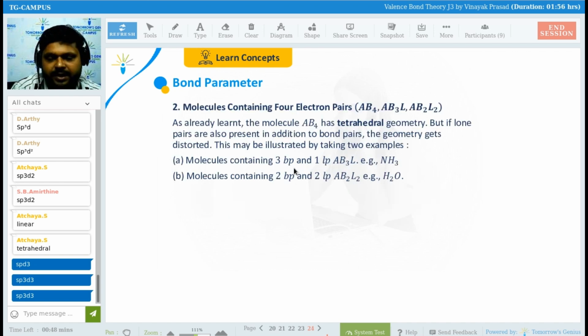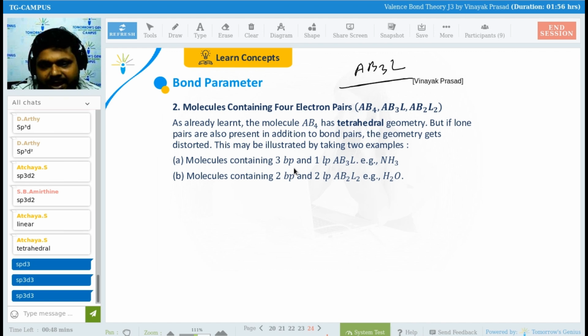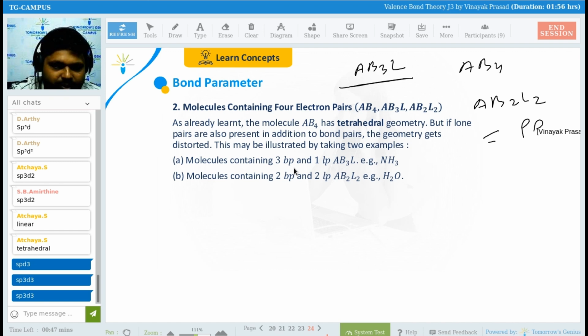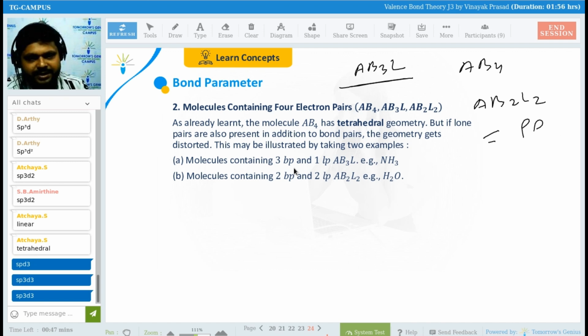No. See here. If there is a type AB3L, can we say like this? Or it can be AB4. Or what can we write for this? AB2L2, because two bond pairs will be there and two lone pairs will be there. Yes or no, guys? Is there any doubt?